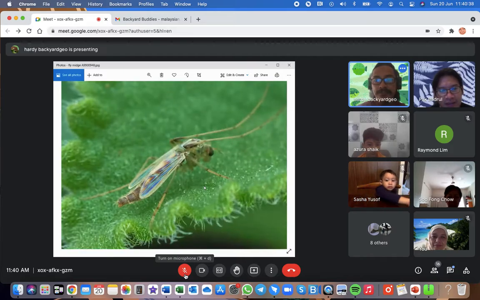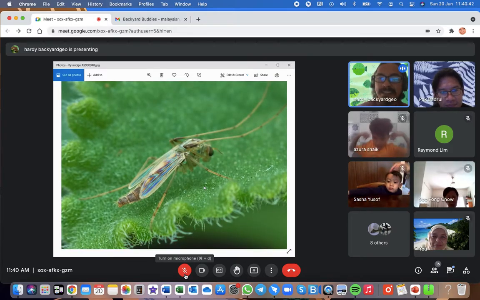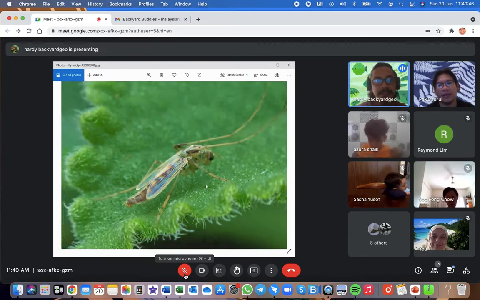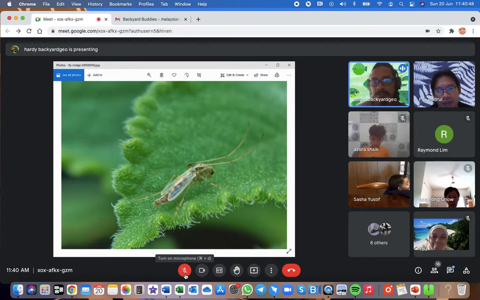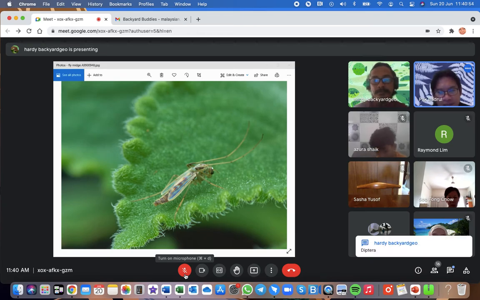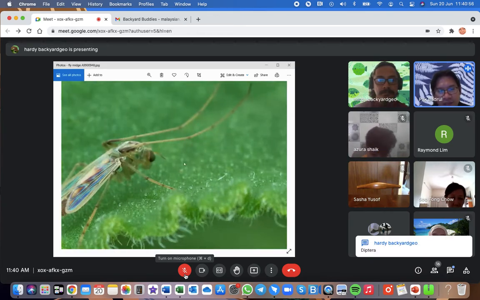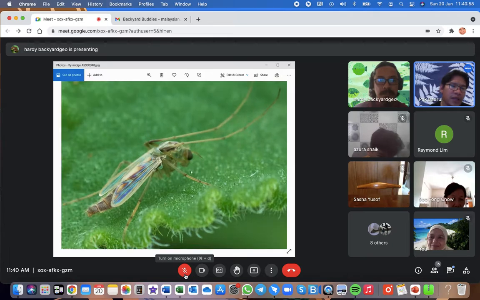It's a type of fly, in the fly family. Definitely, how many legs does this midge have? Can you see it? Can you count it? How many legs?